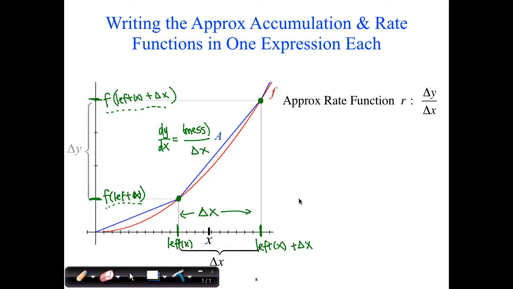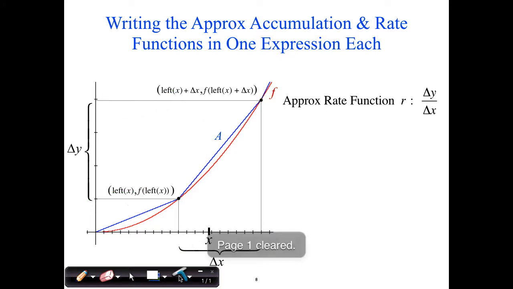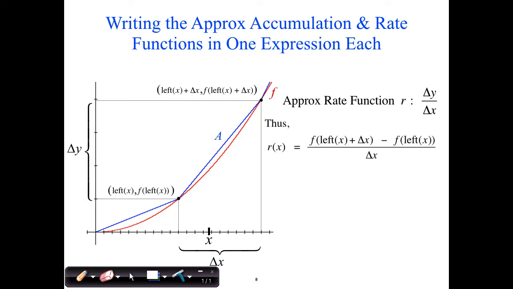So delta y and delta x, there we go. I wrote some of this down typed-wise, so I'll bring it up and clear my handwriting. There we go. So we've got left of x and f of left of x. Left of x plus delta x and f of that. So writing out that mess in the numerator, as I said, is just f of left of x plus delta x minus f of left of x.